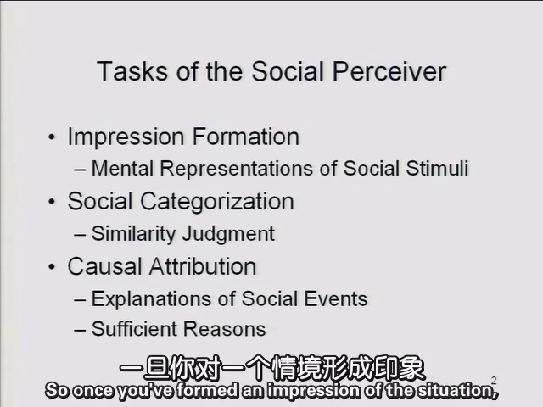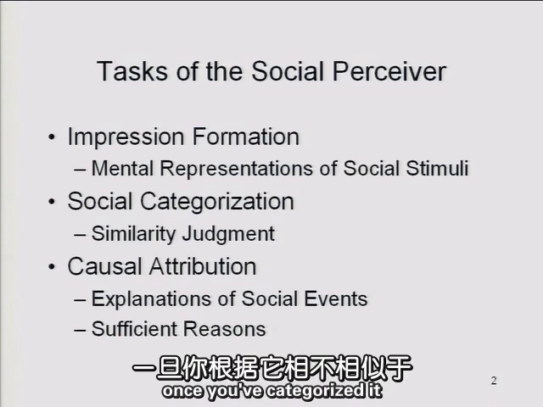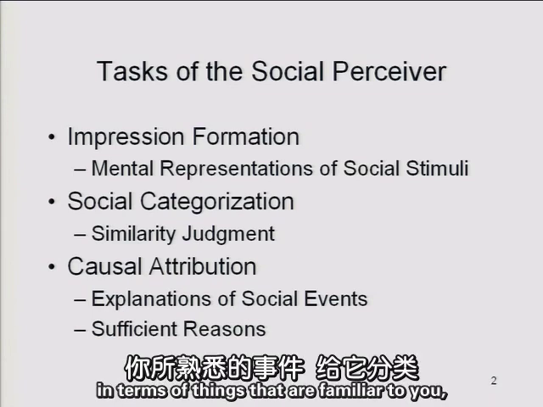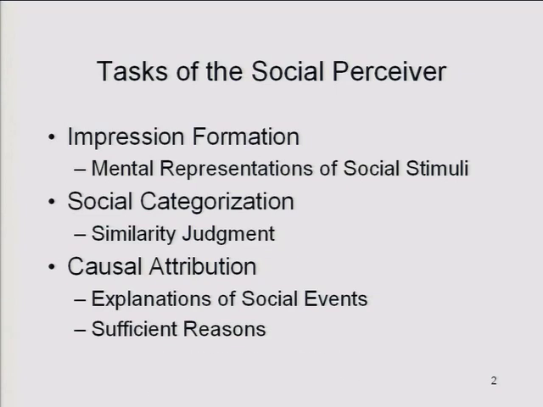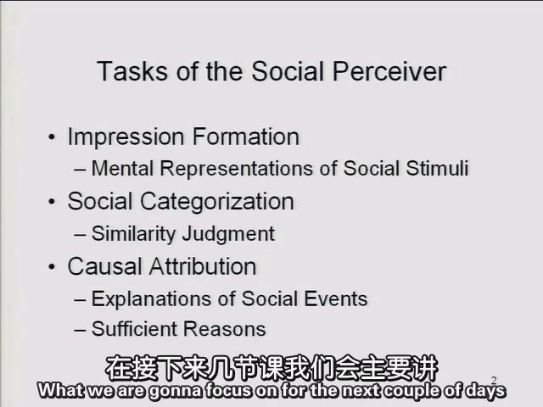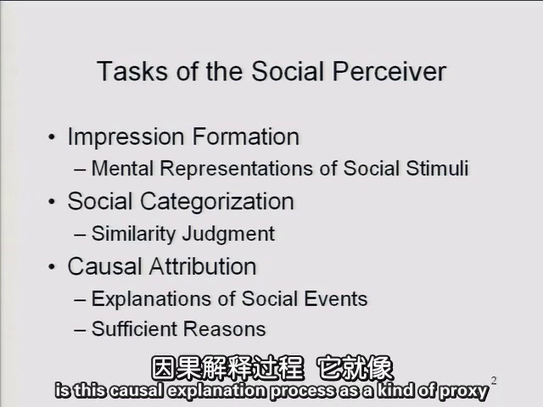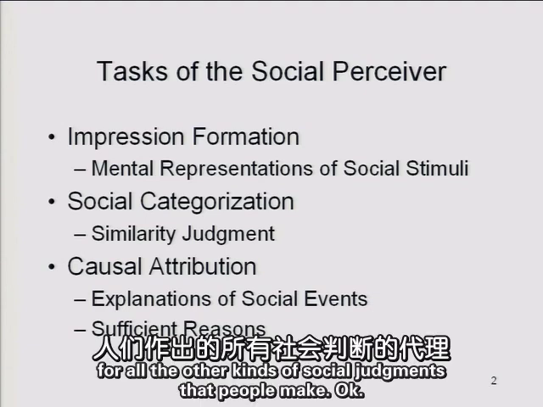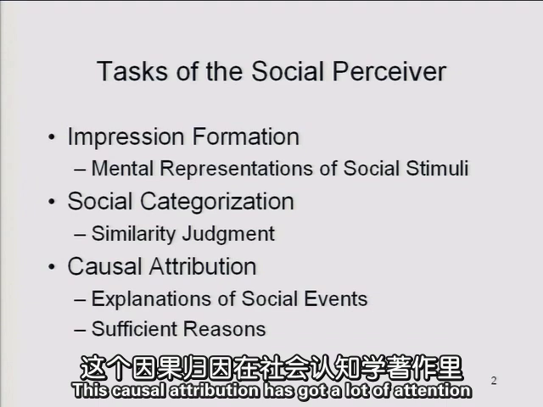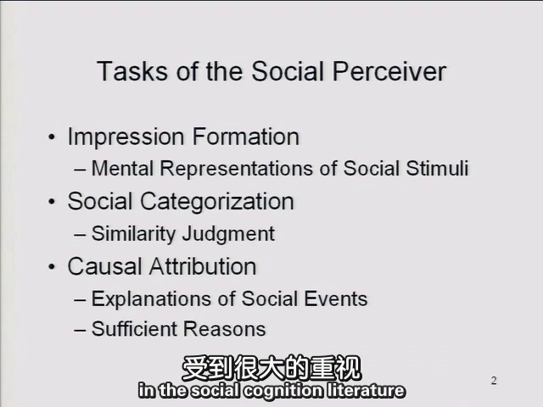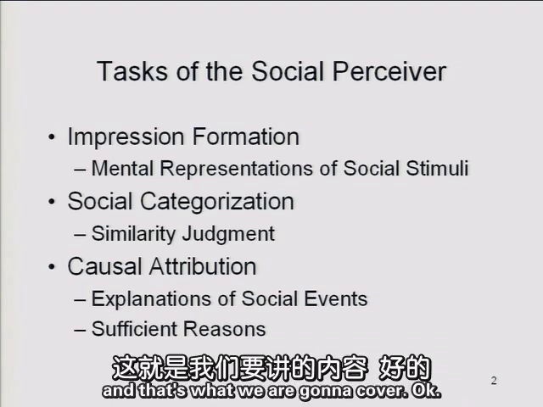Once you've formed an impression of the situation, once you've categorized it in terms that are familiar to you, once you've explained what's going on, then you know what to do. That's the general idea. What we're going to focus on for the next couple of days is this causal explanation process as a kind of proxy for all the other kinds of social judgments that people make. Causal attribution has gotten a lot of attention in the social cognition literature, and that's what we're going to cover.